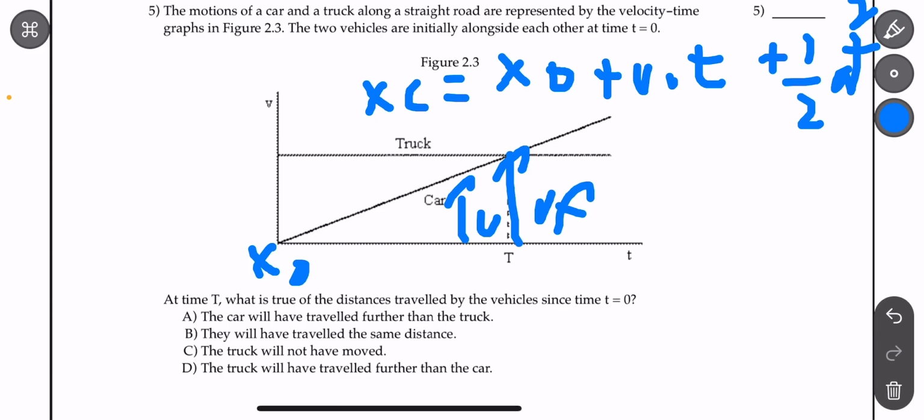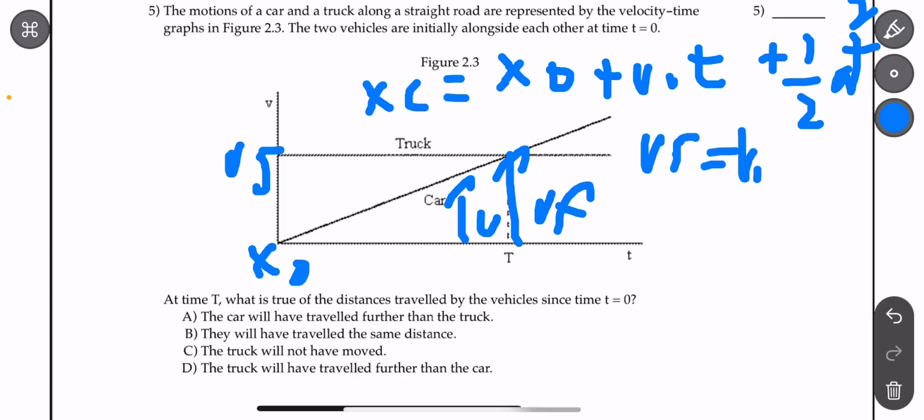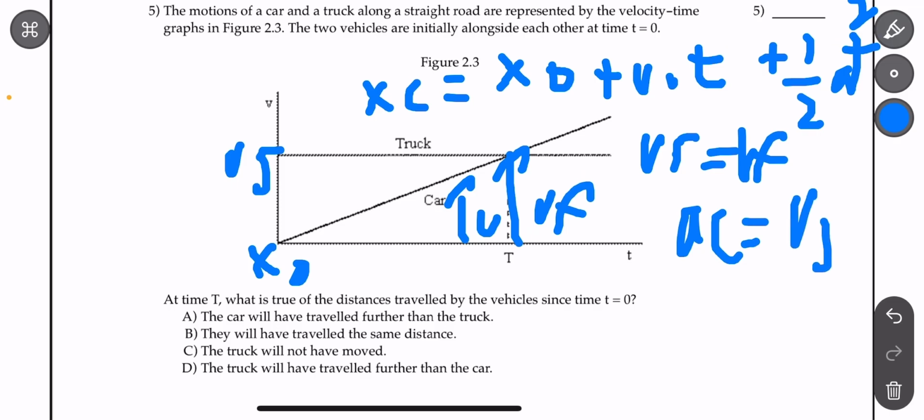Sorry. Then we could also say that, here it is, right? Okay. And we notice that for the truck, this equals this, right? And we know that acceleration is equal to velocity over t.